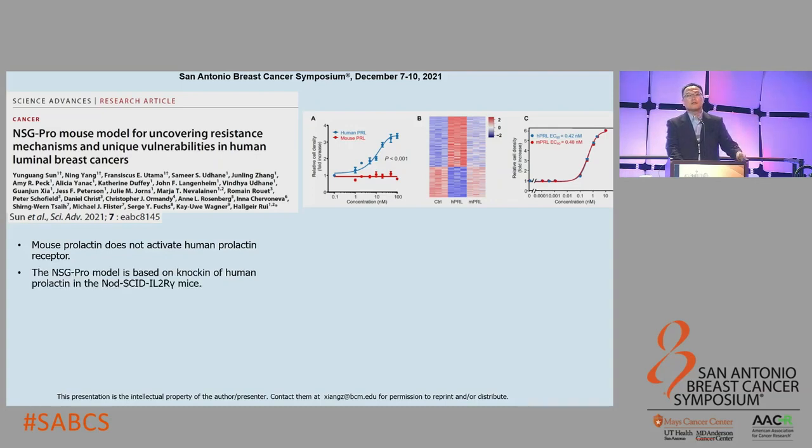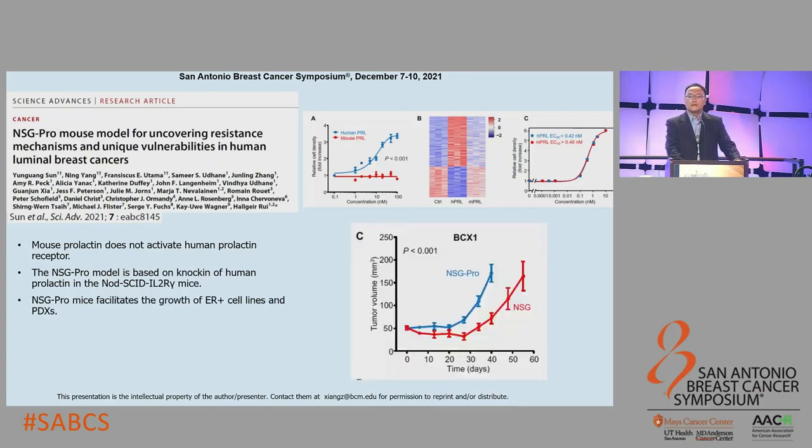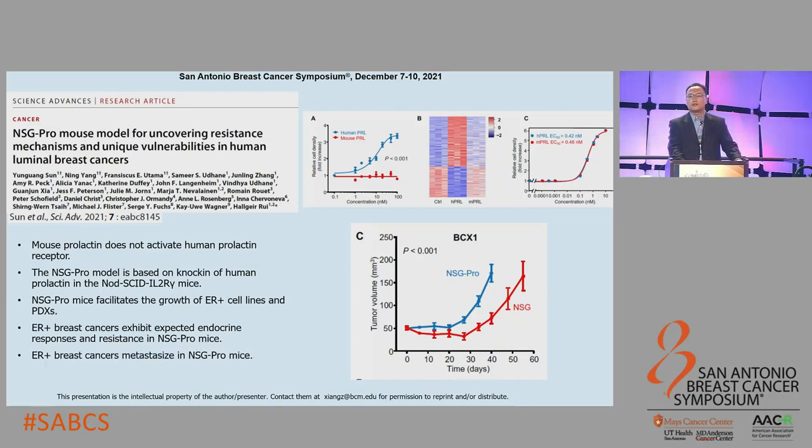And this group from Dr. Haiga Ri knocked in human prolactin into the NSG mice. And by such, they overcame this hurdle. And in this new model, they really show that ER-positive cell lines and PDXs are growing better, and they exhibit expected endocrine responses and resistance, and they also metastasize.